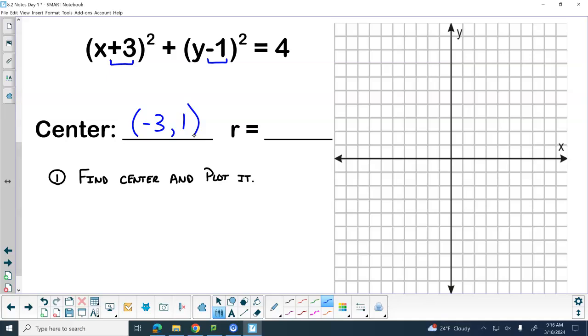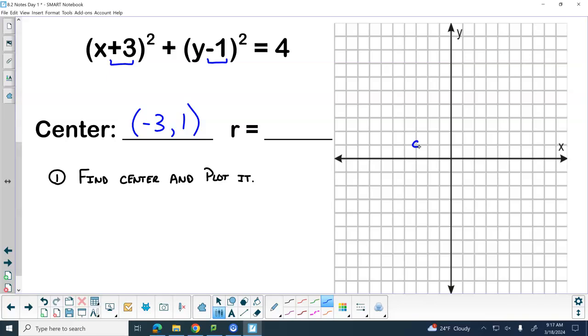So I would go 3 to the left, 1, 2, and 3, 1 up, and I would put a C there. I would put a C at that point, because technically, that point is part of the circle. However, it is not on the circle. I don't necessarily put a point there, but I would not take off for it if you did put an actual dot.